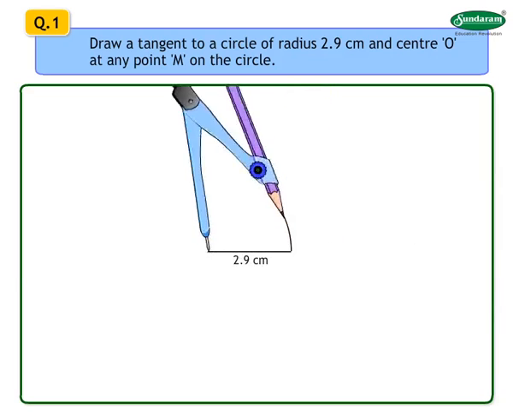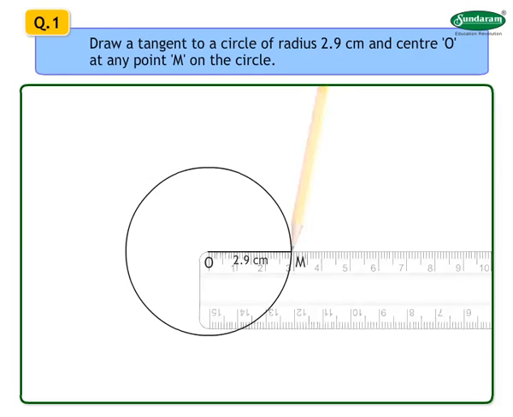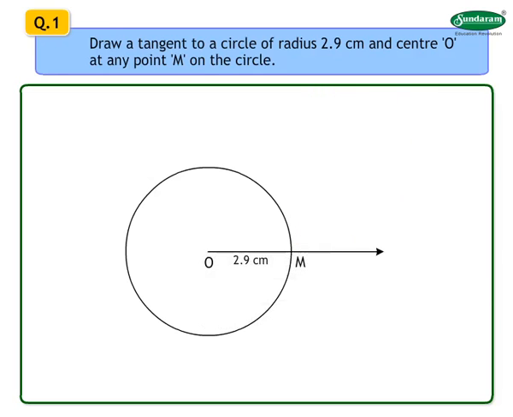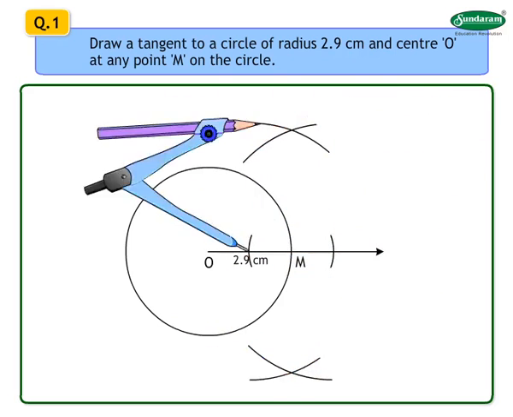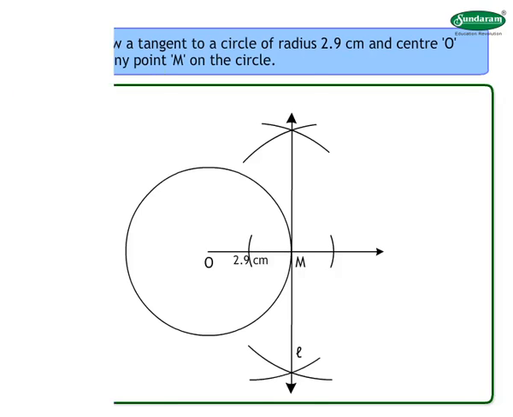Draw a circle with center O and radius 2.9 centimeters. Take any point M on the circle and draw ray OM. Draw the line L perpendicular to ray OM at the point M. Name that line L. This will be the tangent to the circle.